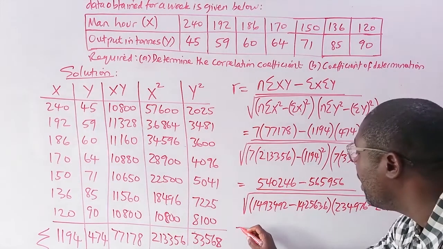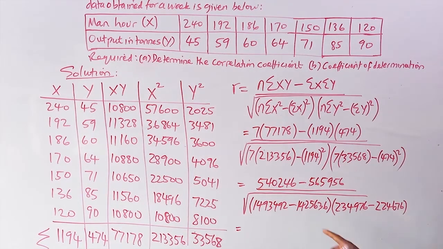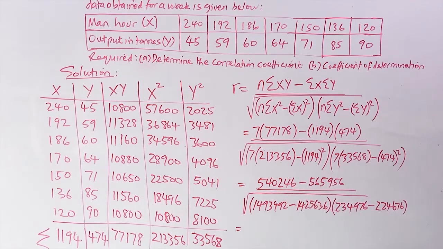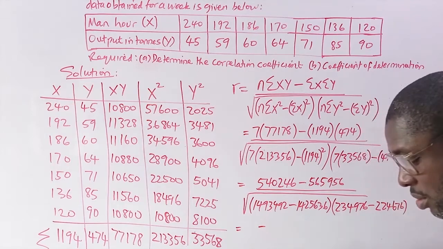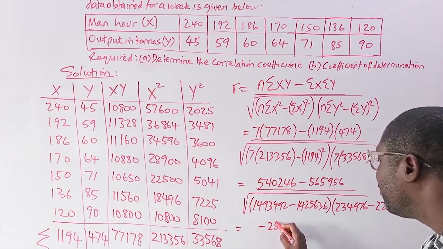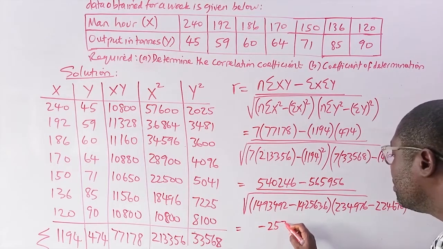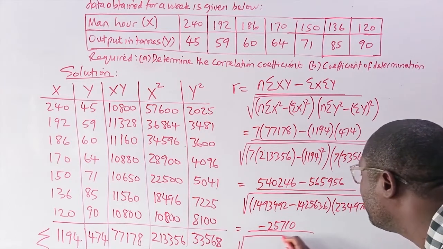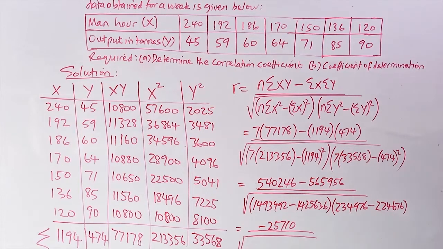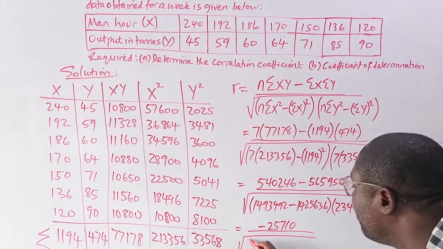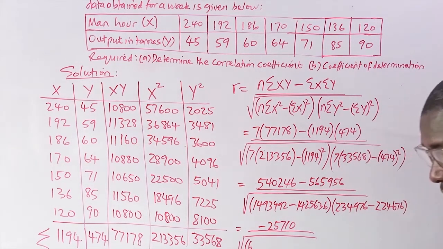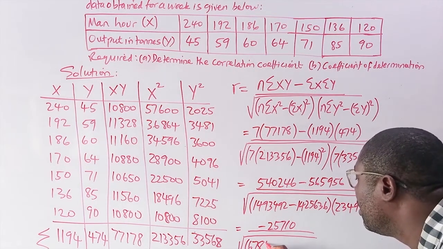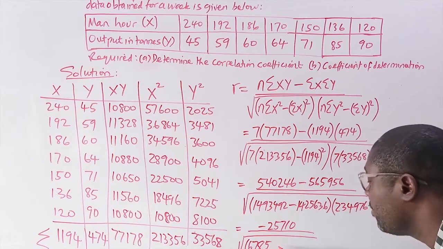All right, we continue here, finding this value. So the difference between this and this will give us minus 25,710, divided by the square root. We're still having the square root of 67,856.